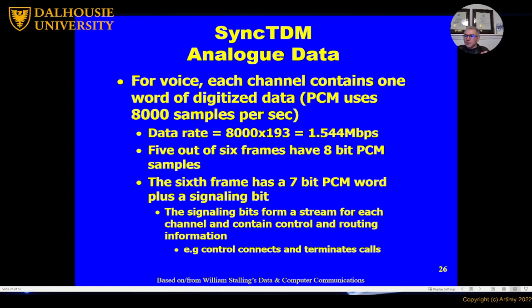So the channels for the sixth frame don't have 8 bits of data. They have only 7 bits, and 1 bit is used for signaling, for other information to communicate between the multiplexers and demultiplexers, or between the systems. So they send control information.